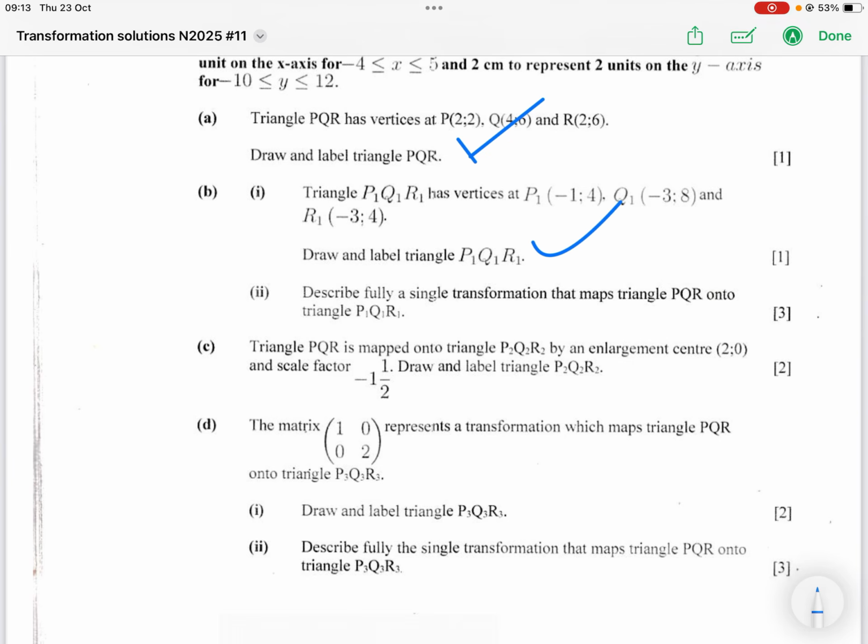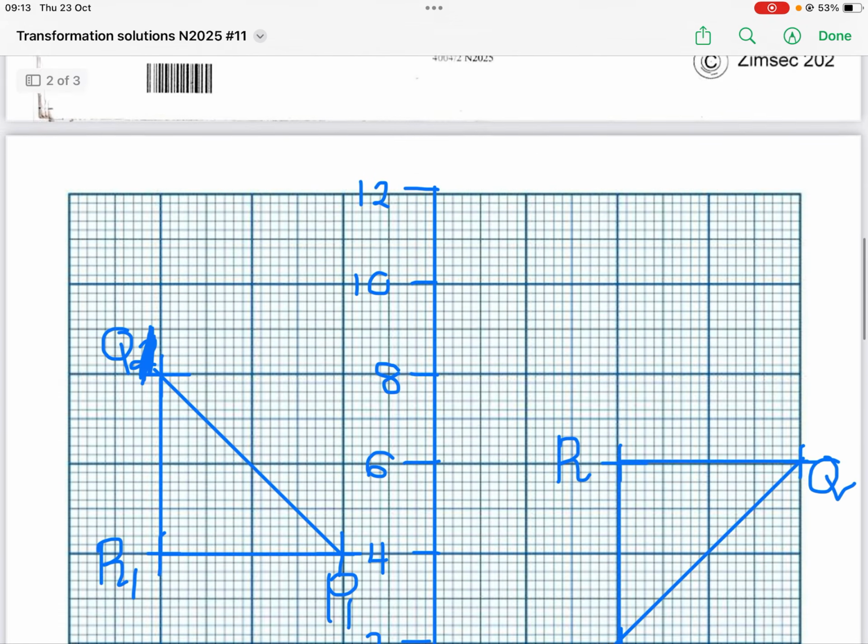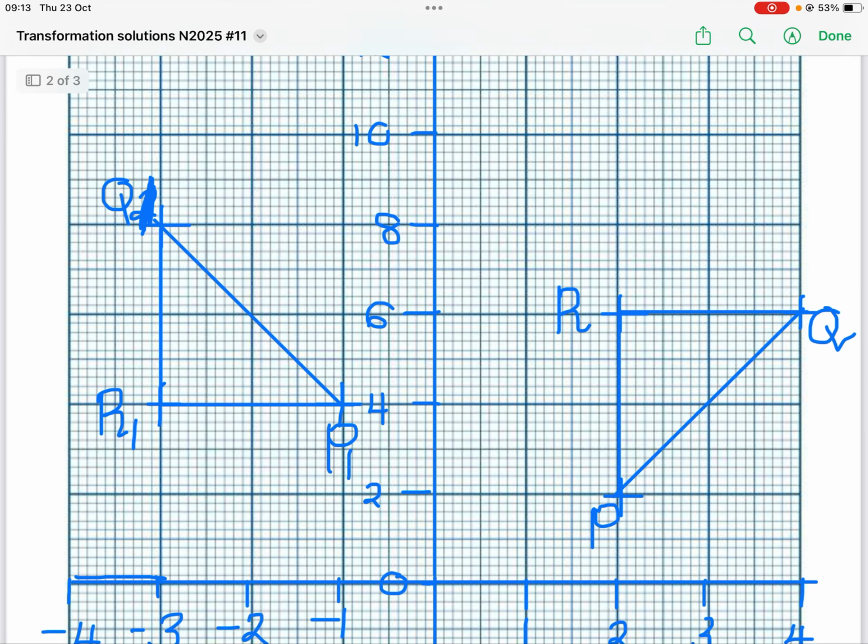Next, we are now required to describe fully a single transformation that maps triangle PQR onto triangle P1, Q1, R1. We can see that the two triangles, the image and object, are congruent. So under congruent, we have rotation, reflection, and also translation.